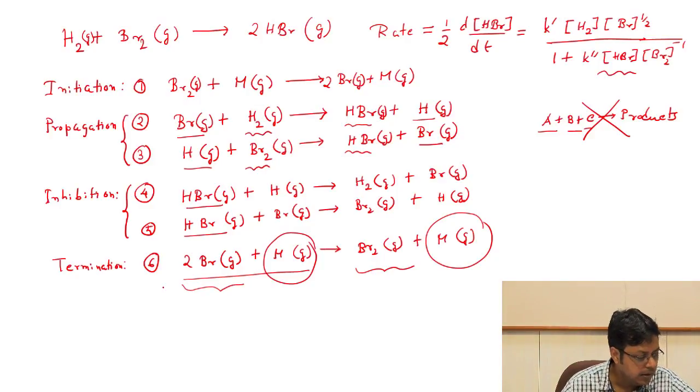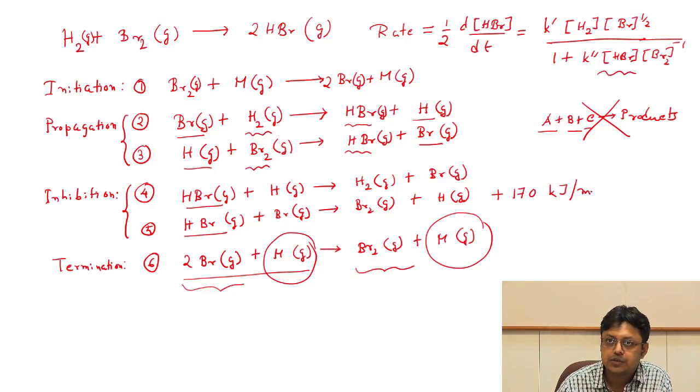Now we can also simplify further. This particular reaction, equation number 5, is endothermic, in the sense that heat needs to be supplied for this reaction to happen, and this heat is pretty substantial. For endothermic reactions, remember that we always use a positive sign because heat is required. It is energy supplied from the surroundings to the system. That's why it is positive.